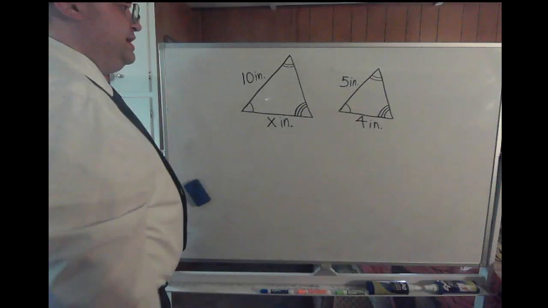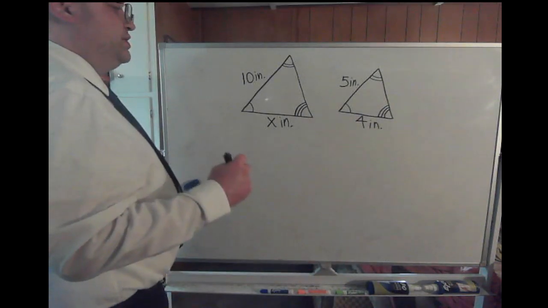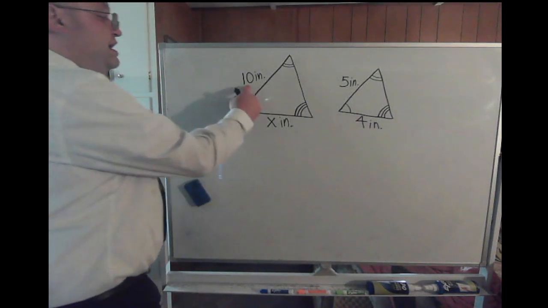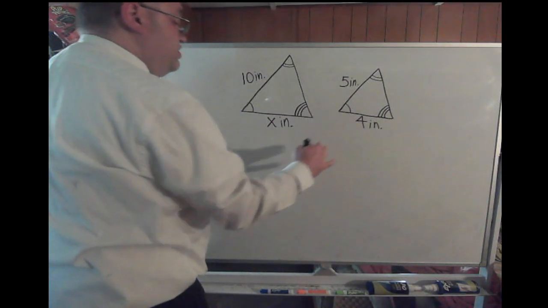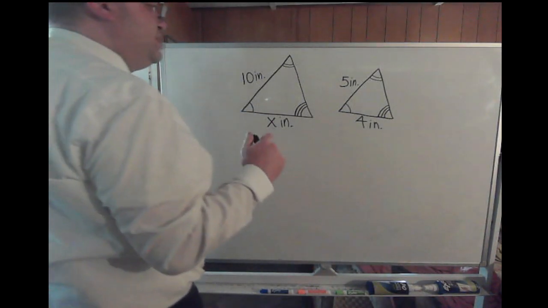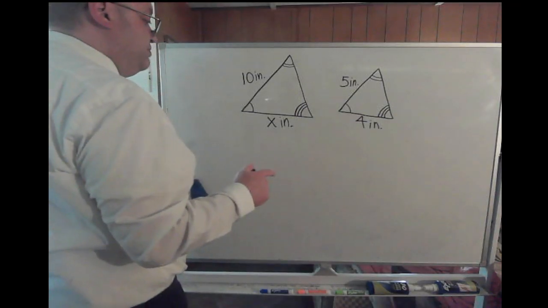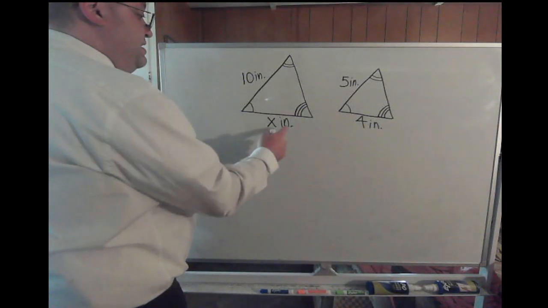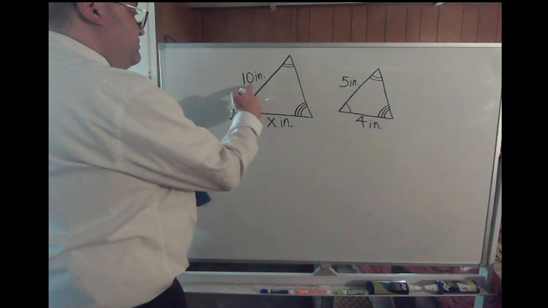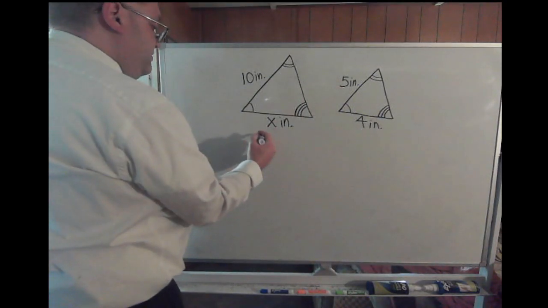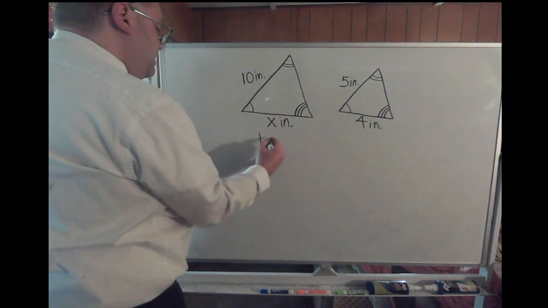That'll always be. What's not congruent, though, are the sides. The sides may not be congruent, but their sides are in direct proportion to each other. And you can use a proportion to set up and find the missing side. So, for example, we have the ratio 10 to 5 from the big triangle.